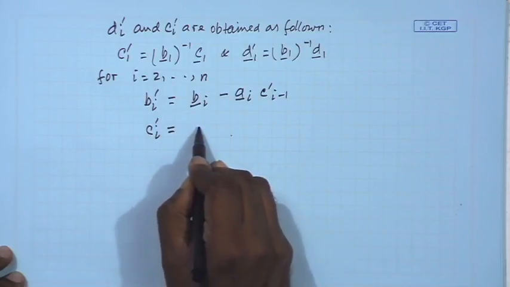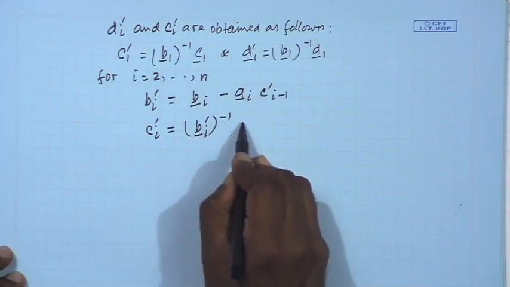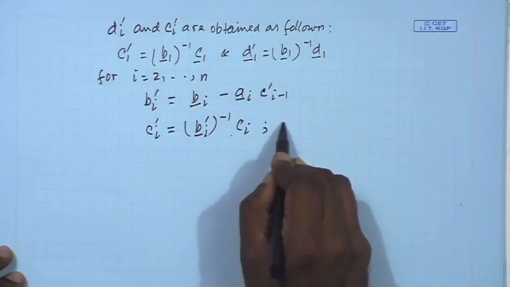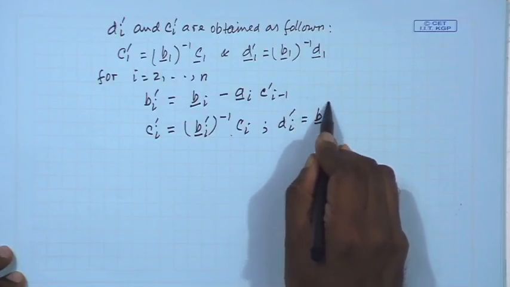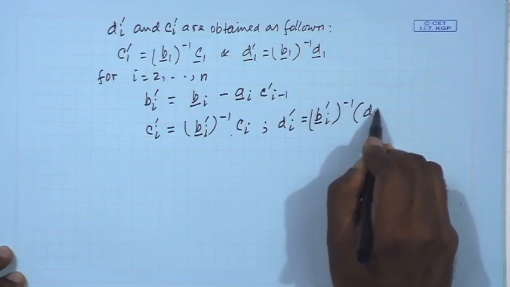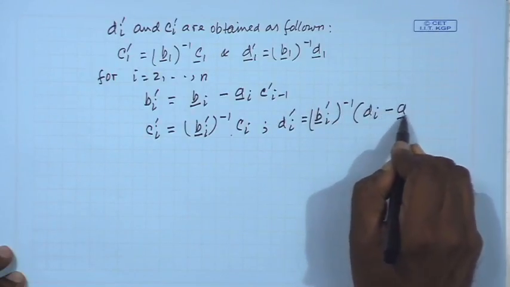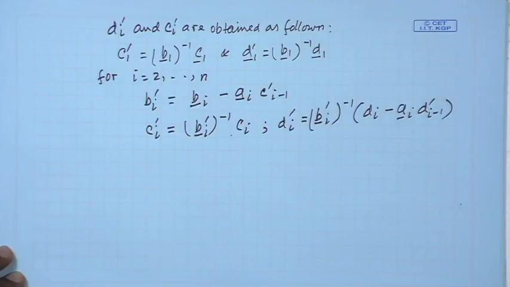Ci dash is equal to Bi dash inverse Ci, and Di dash is equal to Bi dash inverse times Di minus Ai D dash i minus 1.